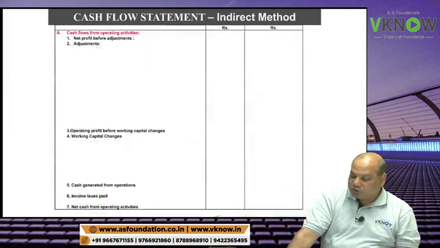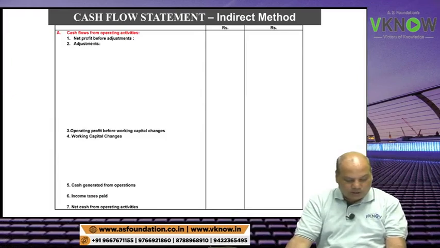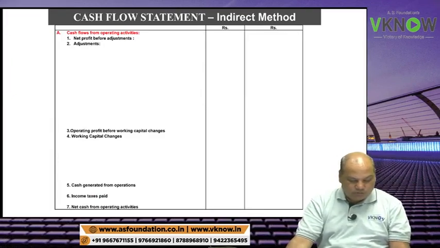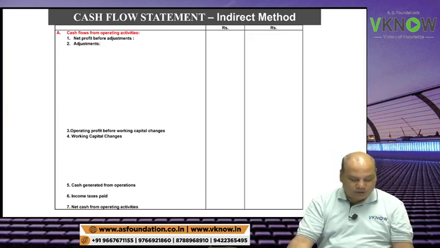And in this question, we would be required to prepare few working notes also to find out some missing figures or to understand better. So my dear student, please write down AS Foundation Limited.